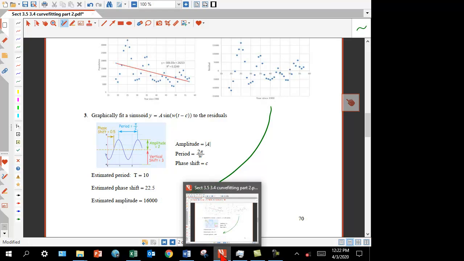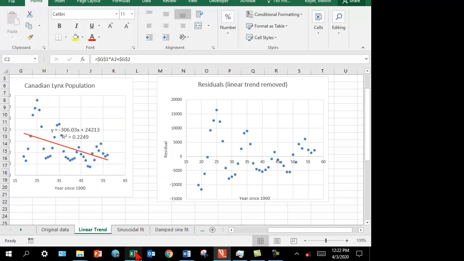And then amplitude, and this is the difficult one because the amplitude is not constant here. This is decreasing over time. So I'm just going to, for a first start, say, well, what's the biggest that this function ever gets? And it looks about, the largest residual is about 16,000.